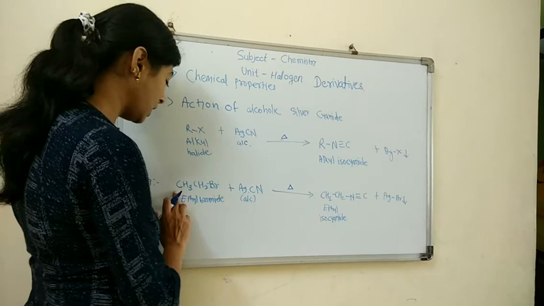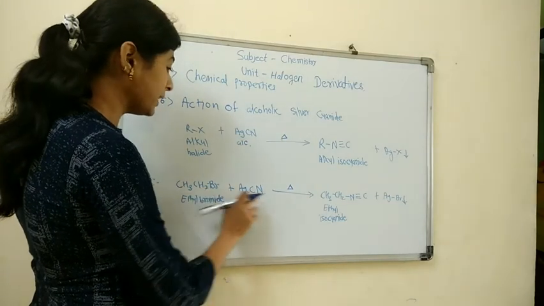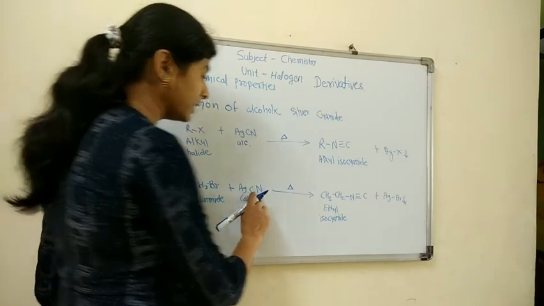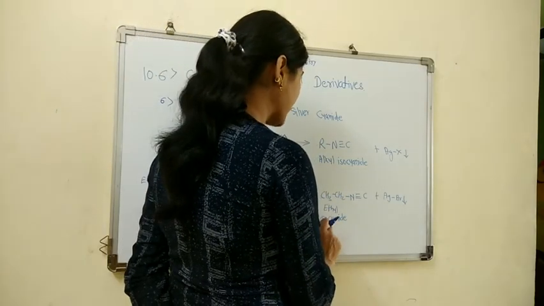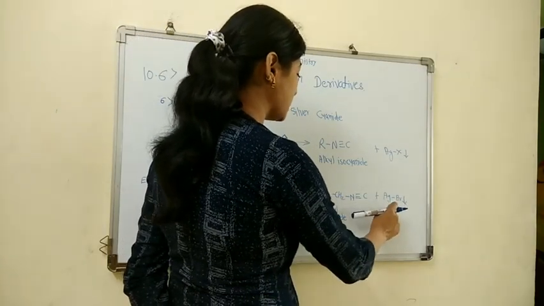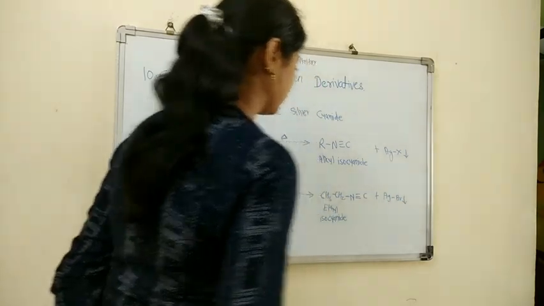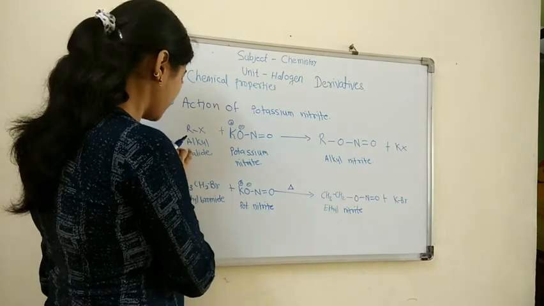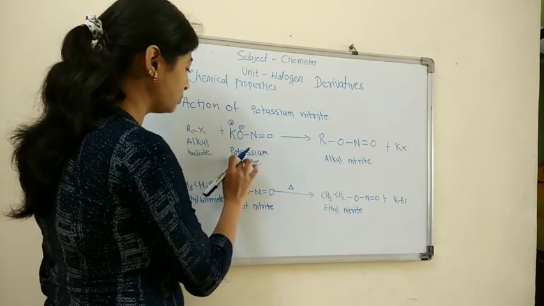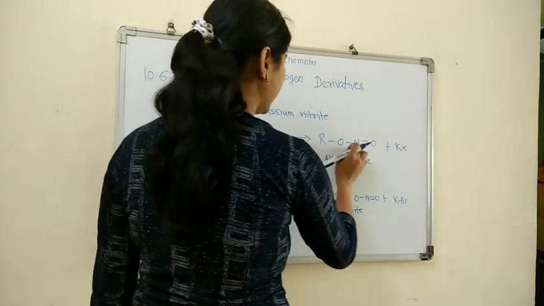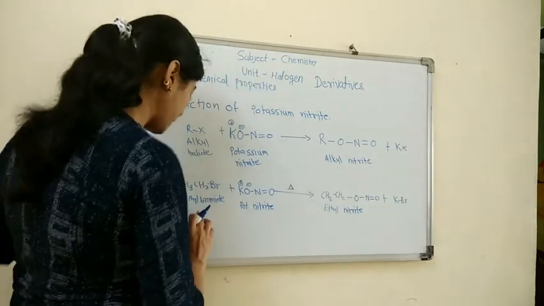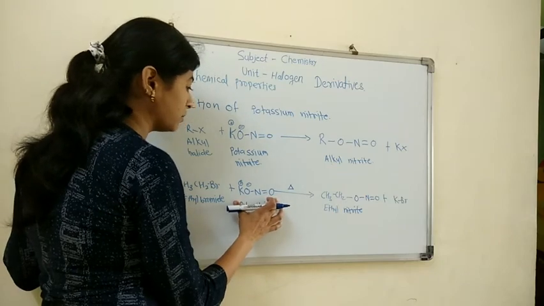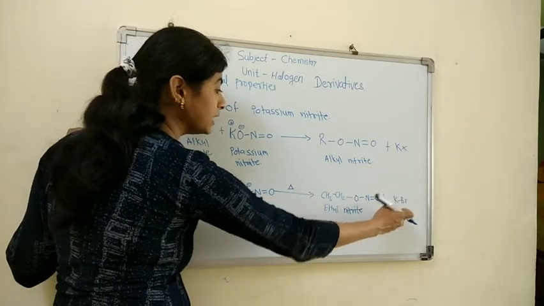For example, when ethyl bromide is heated with alcoholic silver cyanide, then ethyl isocyanide is formed plus AgBr as a precipitate. Next is action of potassium nitrite. When alkyl halide is treated with potassium nitrite, alkyl nitrite is formed. For example, when ethyl bromide is treated with potassium nitrite, ethyl nitrite is formed.